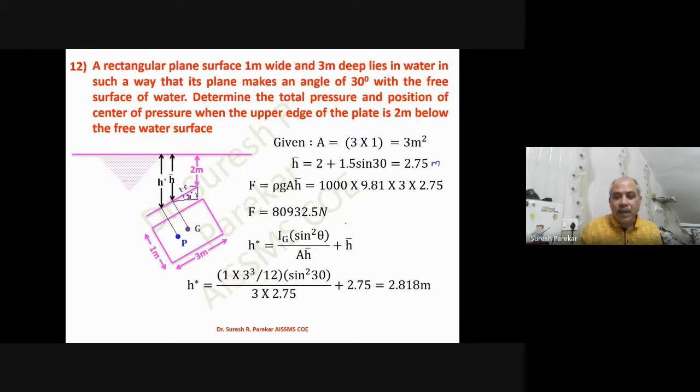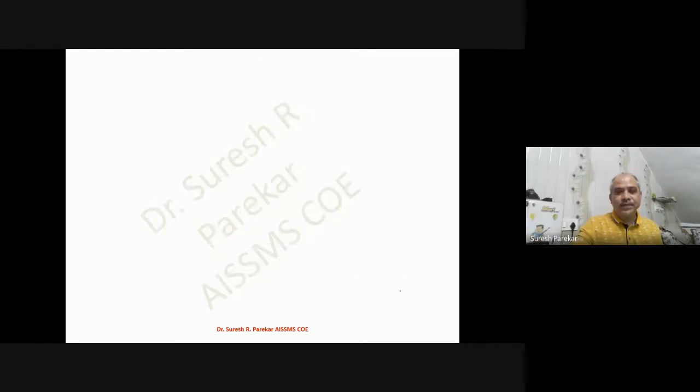From this we get b d cube by 12 into sine square 30 upon 3, which is the area, and 2.75 as h bar, and from this we will get 2.818 meter as h star, the center of pressure of this water pressure.